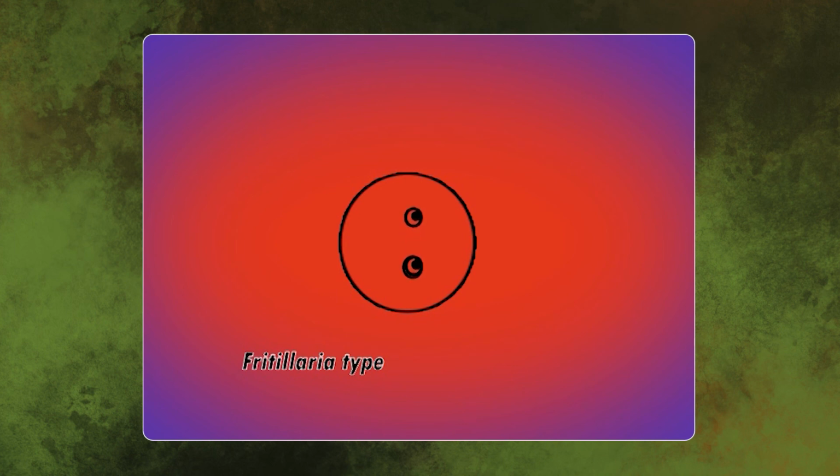After the nuclear fusion, both the nuclei of the coenomegaspore divide twice, forming 4 nuclei at each pole. The mature embryo sac comprises an egg apparatus of 3 haploid cells, 3 triploid antipodal cells, and a central cell with 2 polar nuclei, 1 triploid and 1 haploid.